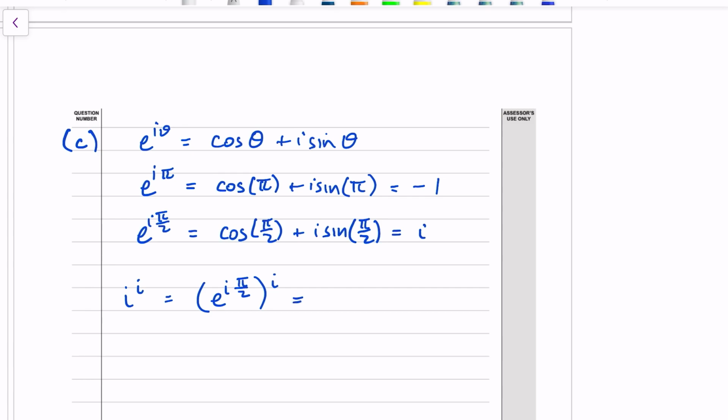Multiply the powers through: i squared is -1, so you get e to the negative pi over 2, which you can confirm on your calculator is the decimal of i to the i. Question said i to the i squared, well, that's no problem. It's equal to that thing squared, and we apply the power rule again by multiplying the powers, and we get e to the minus pi.